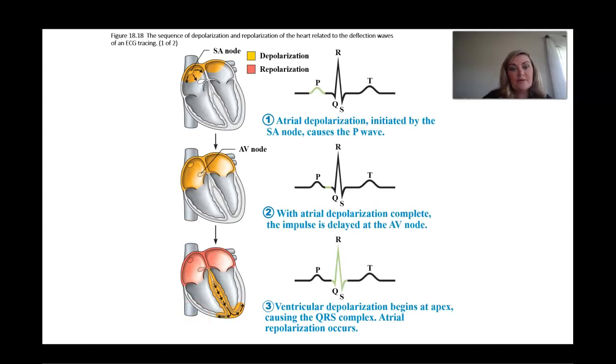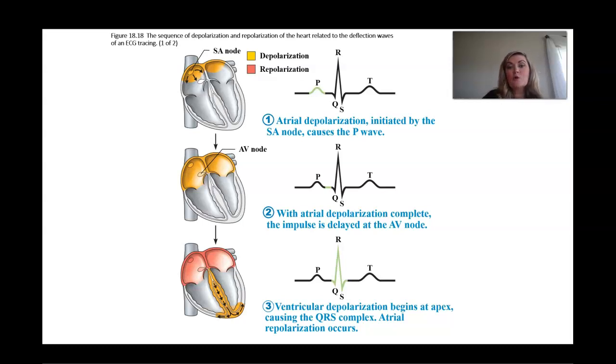And so here we're going to see how that electrical influence goes through the heart. We start first with the SA node. Remember, in the right atrium, it travels across to the left atrium, and it's yellow, so that's going to be the depolarization of the atrium starting at the SA node. This is what causes your P wave, that depolarization.